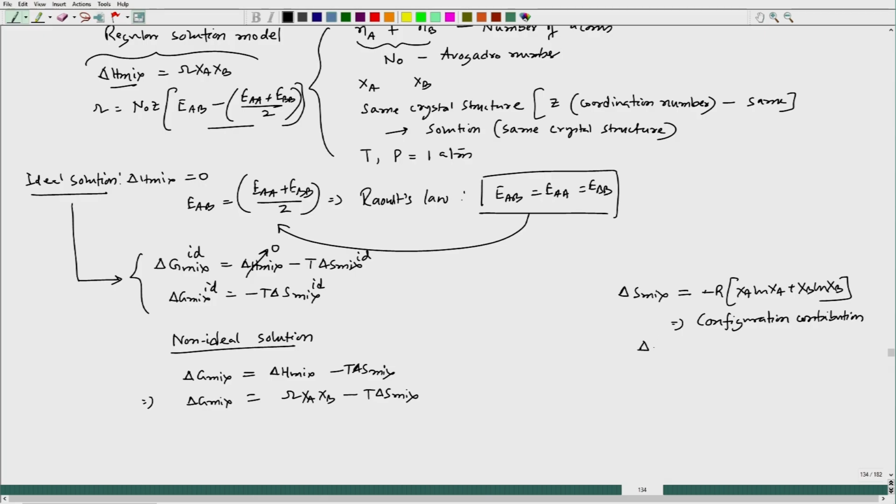But other terms, for example, there could be a vibrational entropy also, but that is neglected or ignored. So, we can take it as 0 for the regular solution case.